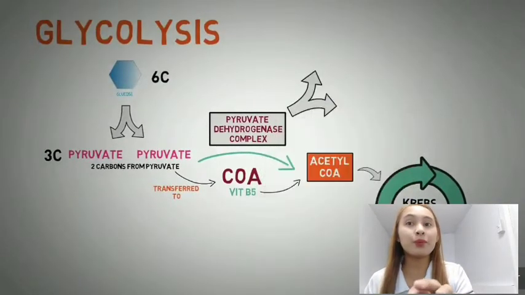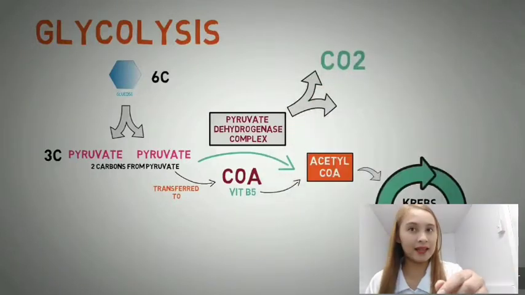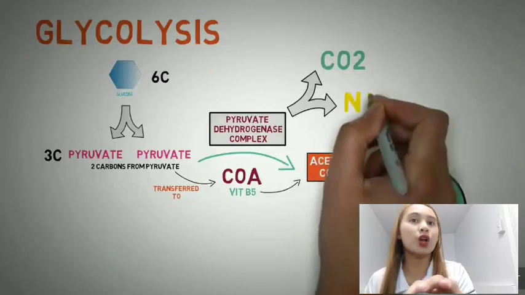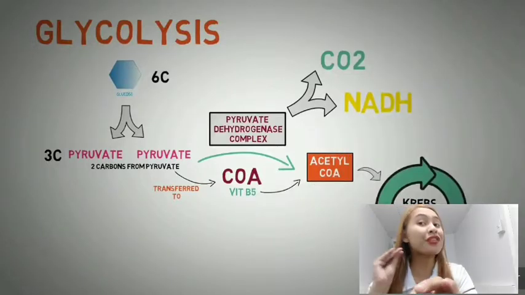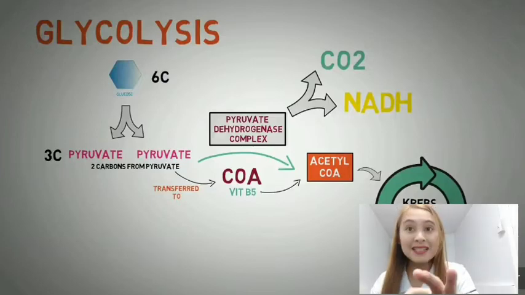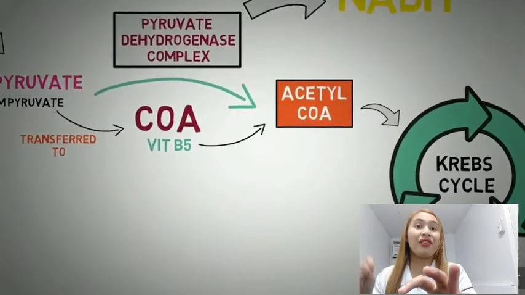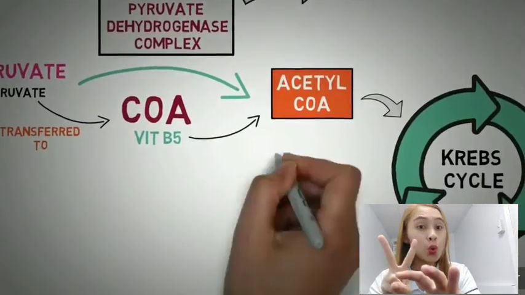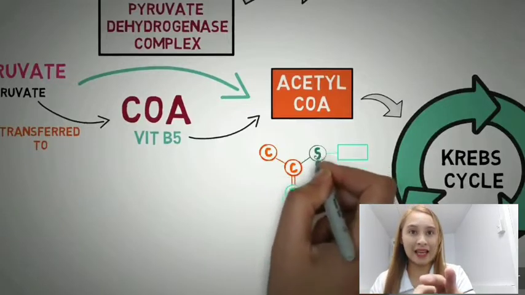One additional carbon present in the pyruvate is lost in the form of carbon dioxide. In this reaction, one molecule of NADH is also produced. So this is how acetyl-CoA is produced from pyruvate. This acetyl-CoA is a 2-carbon compound and is the starting compound in the Krebs cycle.